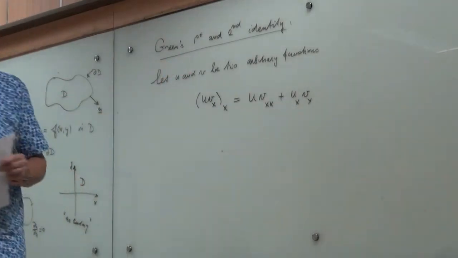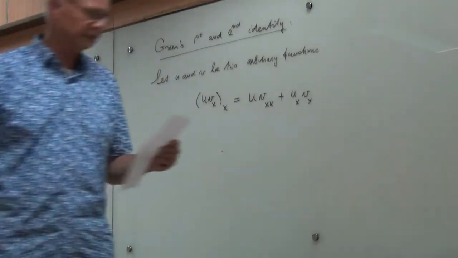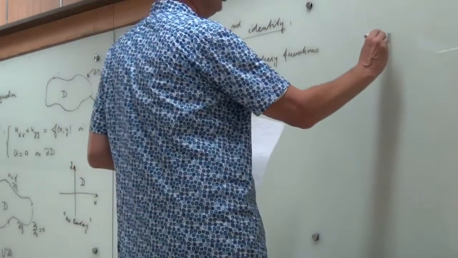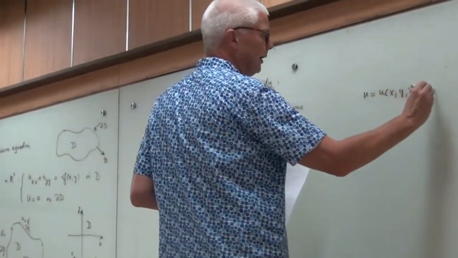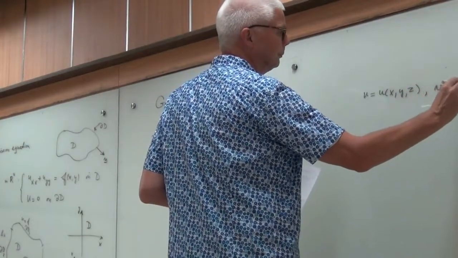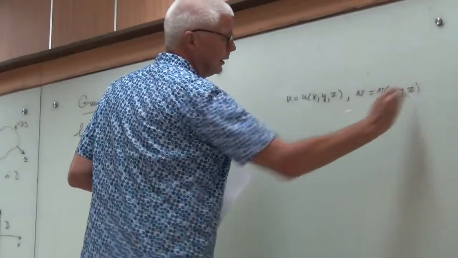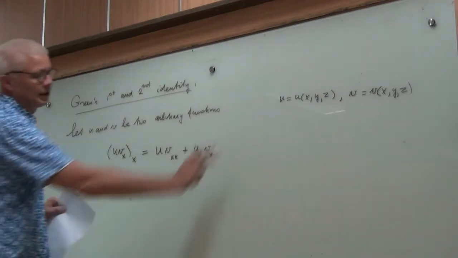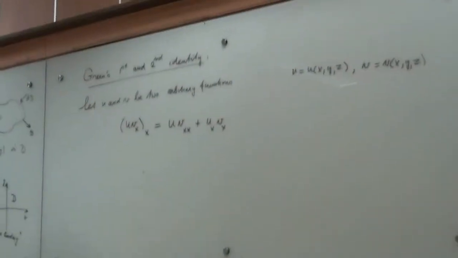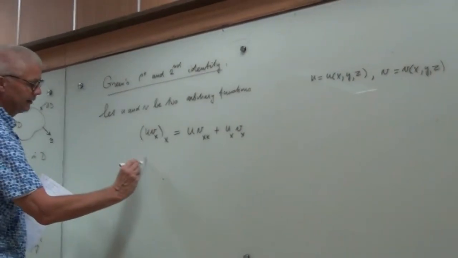I assume that those arbitrary functions depend on 2 or 3 variables. Let's for this moment assume that U is a function depending on x, y, and z, and v is a function depending on x, y, and z. You can take 2 variables, 3 variables, 10 variables if you wish, but I don't have so much blackboard. It goes in the same way. So if I have x derivatives, I will also look at y derivatives and z derivatives.